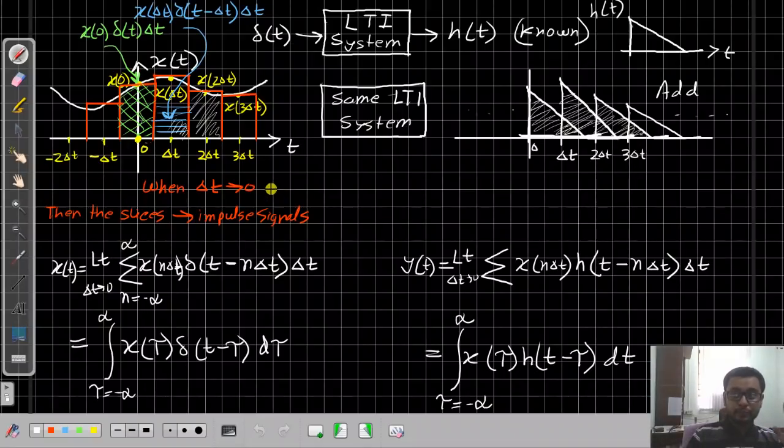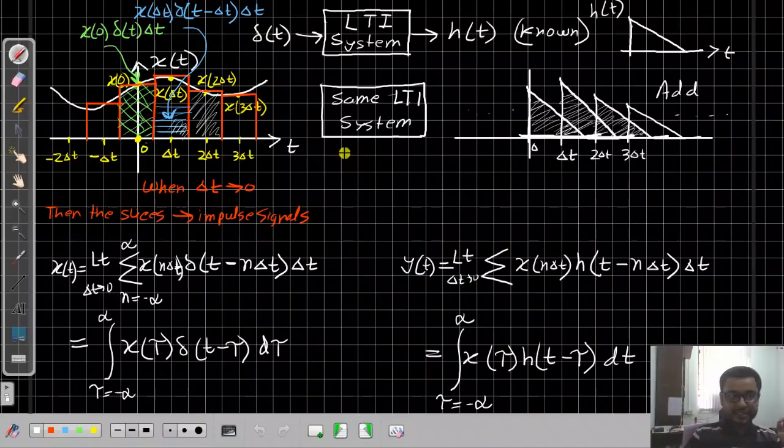And the fundamental idea behind this complicated looking formula is that you can divide the input into smaller slices, into impulse functions, and you can calculate the output for each of them and add all of them.